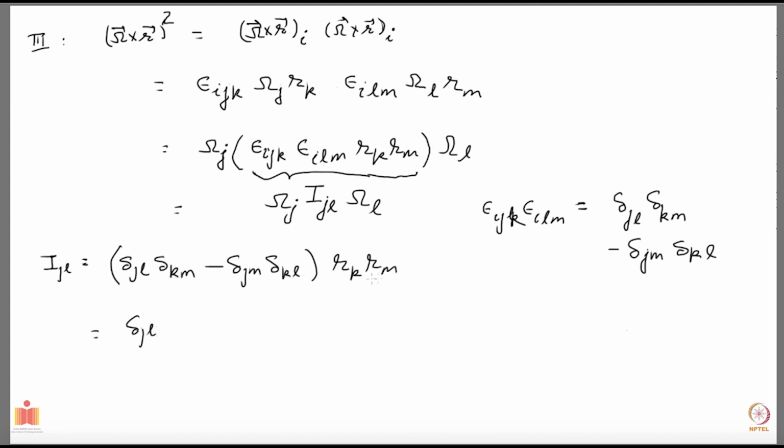When this is contracted with r_k r_m, it will make it r squared, because this will become r_k r_k, and there is a summation over k, so that's r squared, minus δ_jm contracts with r_m and makes it r_j, δ_kl with r_k makes it r_l. And you see this is the same thing as you saw before, which means that your I is the inertia tensor. That's our inertia tensor.